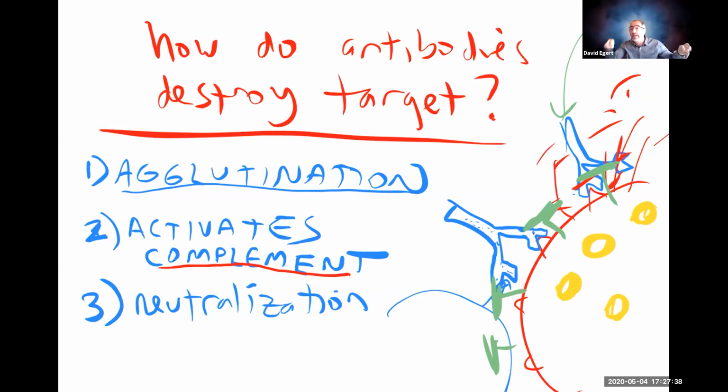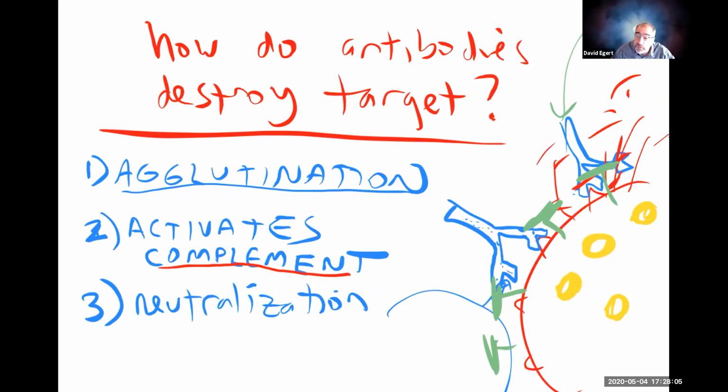I can't use my hands. Oh my God, they're on my face. I can't see. So neutralization is when the antibodies start blocking important binding sites on the target so they can't function properly anymore. It could keep a virus from binding and getting onto the cell it's trying to infect.